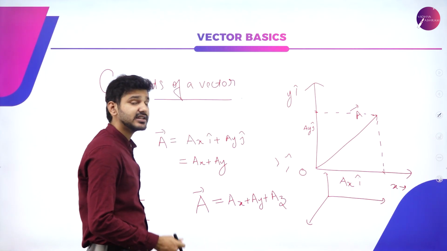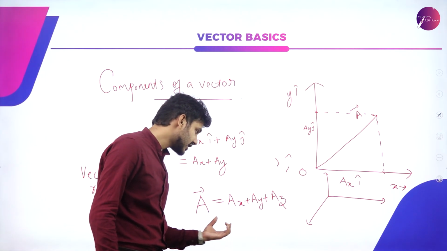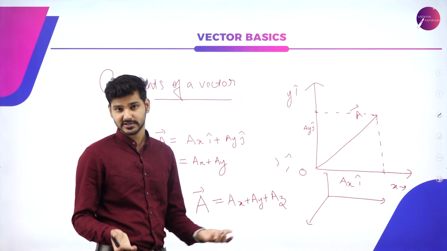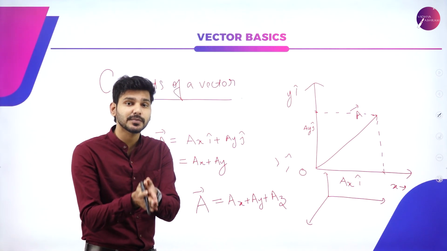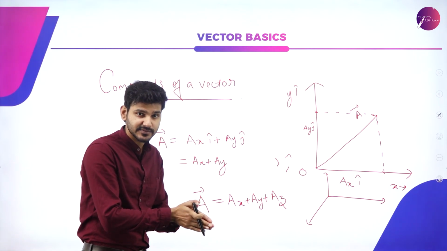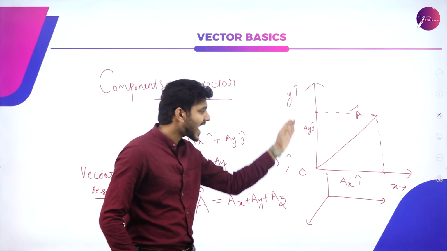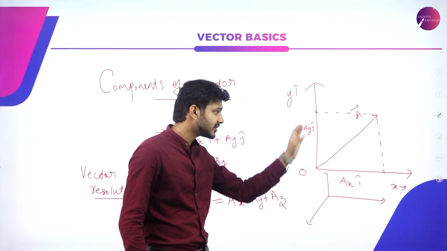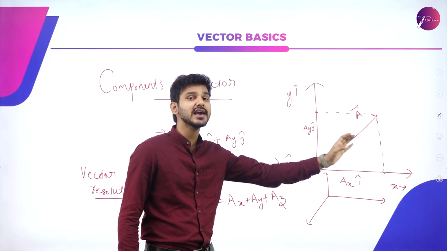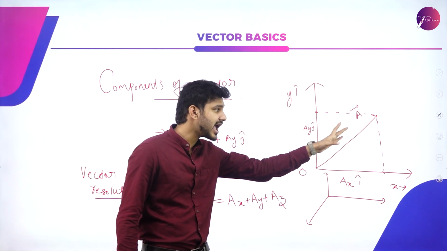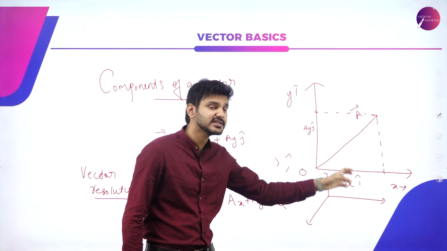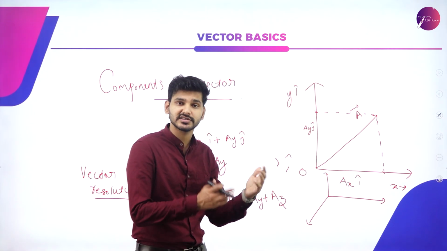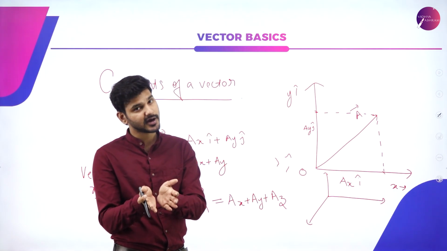So we can represent this particular vector as the components along all three axes also. So a vector quantity can be represented in terms of its axial components. In this particular case, it is the x and y axes. So vector A can be represented as ax i caps plus ay j caps, or simply ax plus ay.